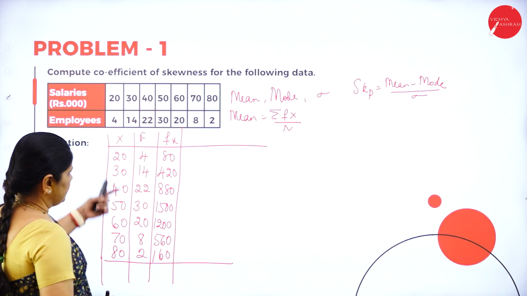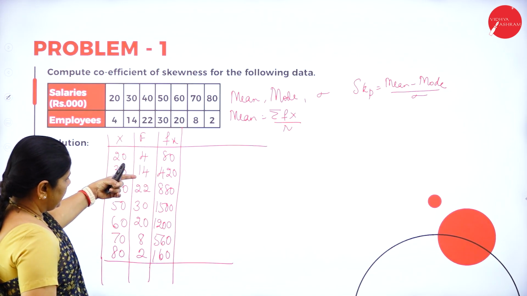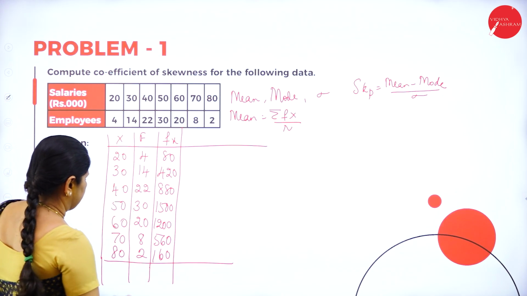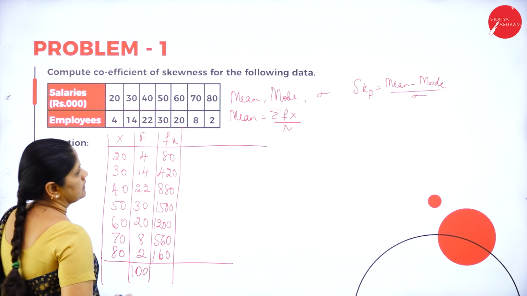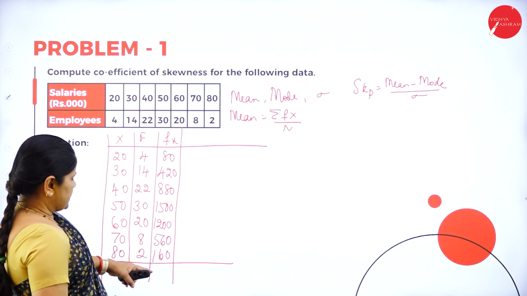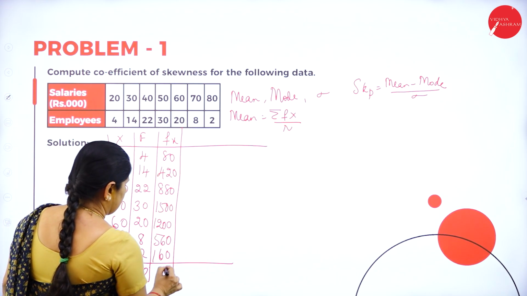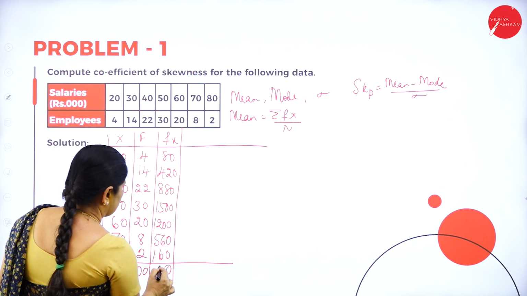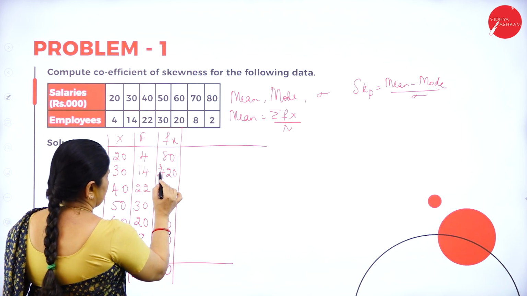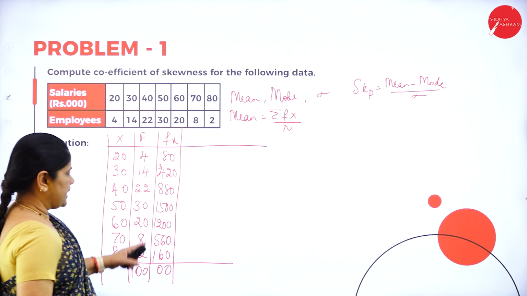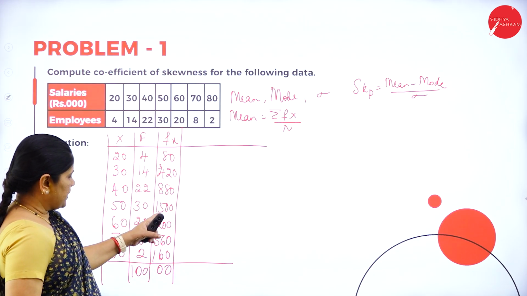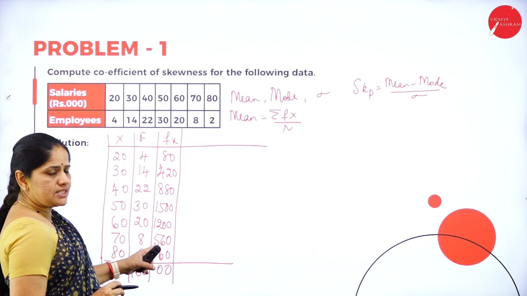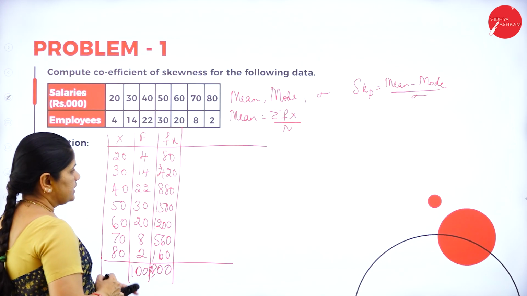Now what is the n here? 14 plus 4 is 18, 18 plus 2 is 20, 40, 40 plus 30 is 70, 90, 100. So sigma Fx will be 4800.